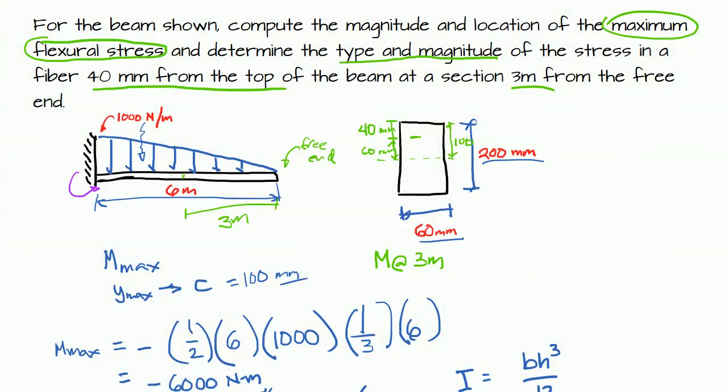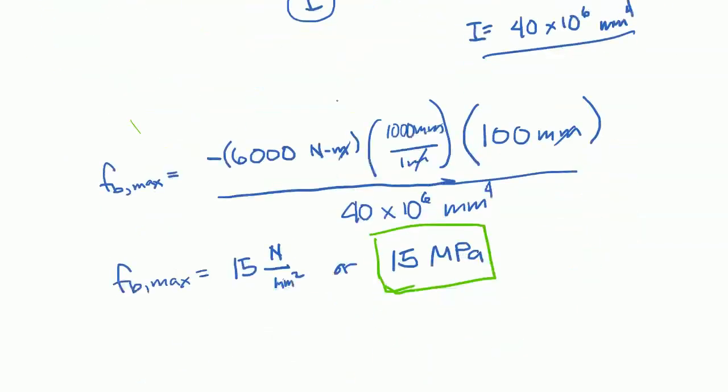Okay, balikan natin yung tanong. Tapos na tayo dito sa maximum flexural stress. We have determined that it is 15 megapascal. By the way, baka may question kayo, bakit wala na yung negative? We are not really considering muna yung negative because we are not being asked about the type.